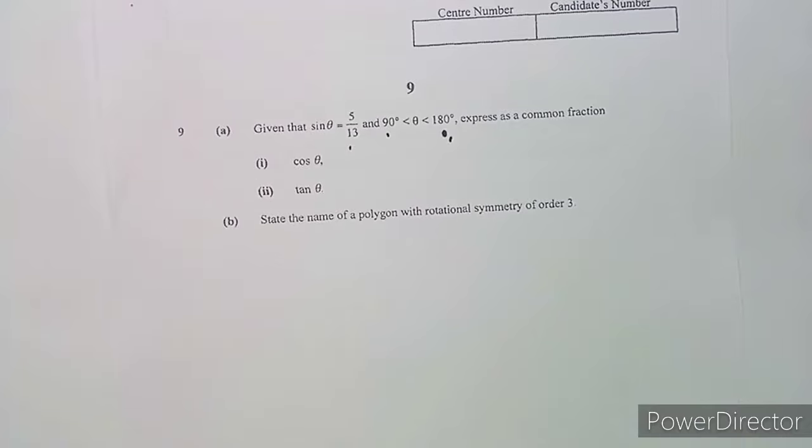Okay, state the name of a polygon with rotational symmetry order of 3. If it is a polygon, definitely remember that I told you guys, for rotational symmetry and lines of symmetry, if you are given them for a polygon, it means it's for a regular polygon, and the number of sides is the number of rotational lines of symmetry. So this one is a triangle that we are talking about, but it's a regular one, which is an equilateral triangle.